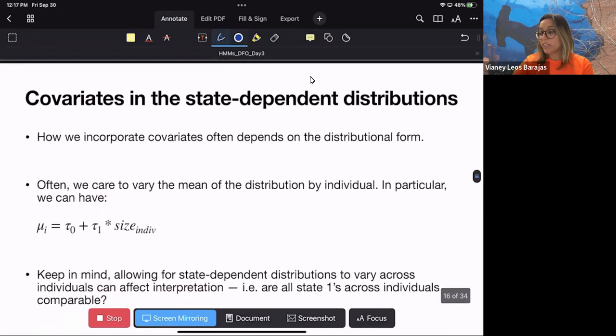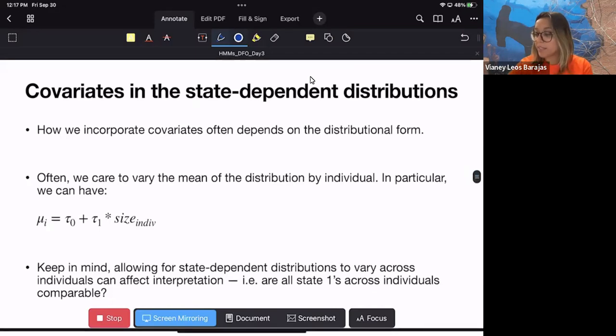So how we incorporate covariates in the state-dependent distributions often depends on the distributional forms. But what we can often do is vary the means of the distributions by individual. For example, you can have for state i, that particular mean is equal to tau sub 0 plus tau sub 1 times the size of the individual.